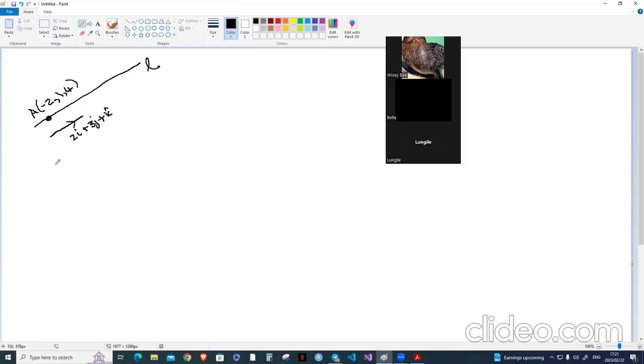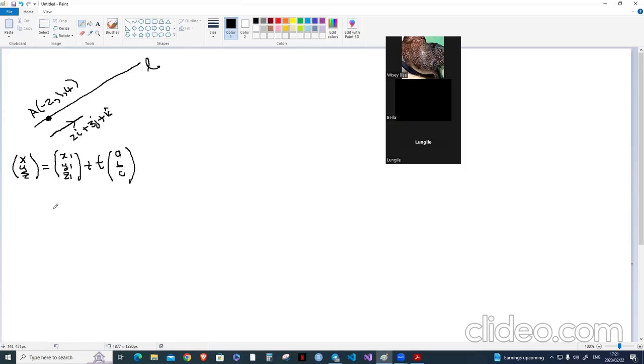Yeah. So the equation of a line, this is the answer now. (x, y, z) is equal to (x1, y1, z1) plus t(a, b, c).